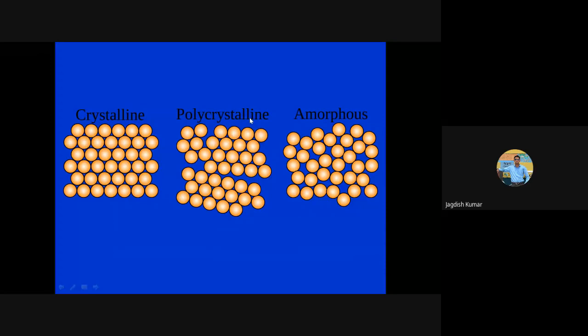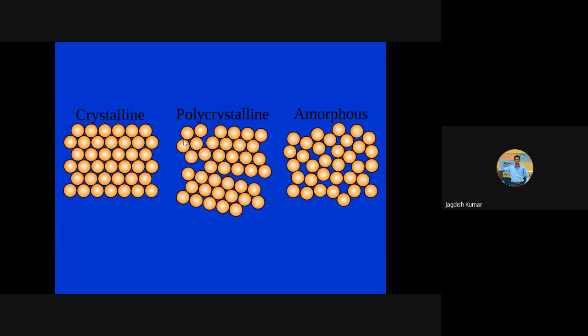Now you would say, if periodicity is being broken, then why don't we call them amorphous materials? They are not amorphous because the periodicity is not that short range. In the case of a single crystal, the number of unit cells repeating may be of the order of 10 to the 7. In polycrystalline materials, there may be something like 10 to the power 3 or 10 to the power 4.